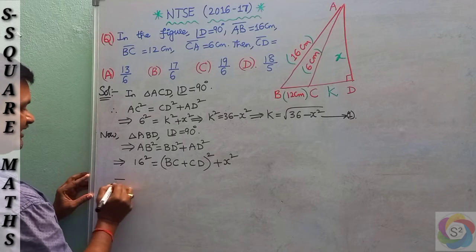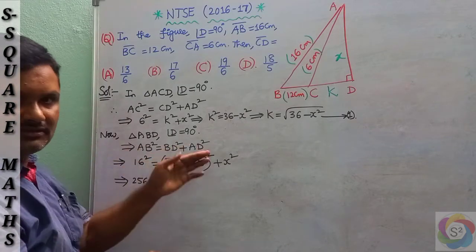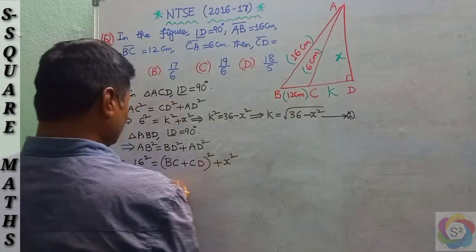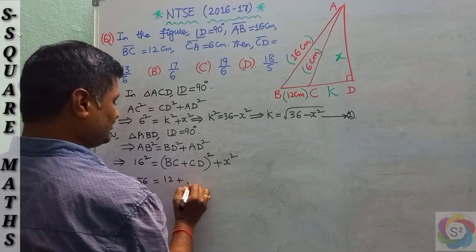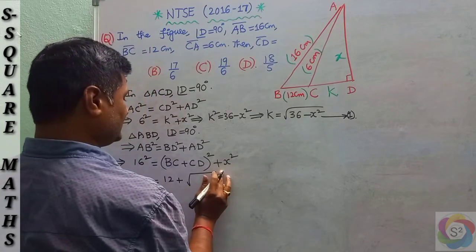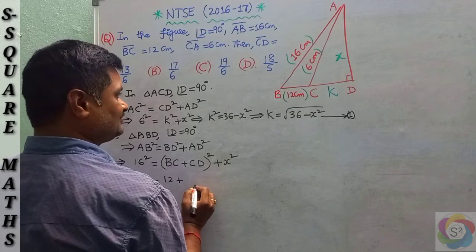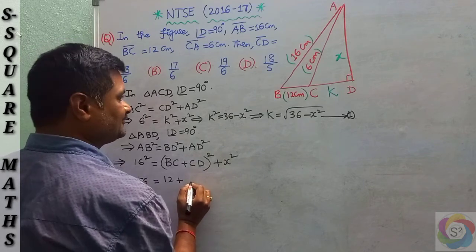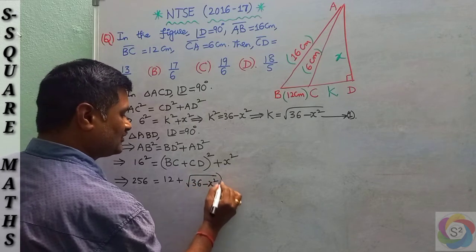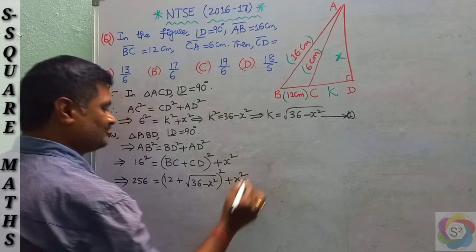This implies 256, which is 16 into 16, is equal to 12 plus CD the whole square, where BC is 12 and CD is root of 36 minus X square, plus X square.